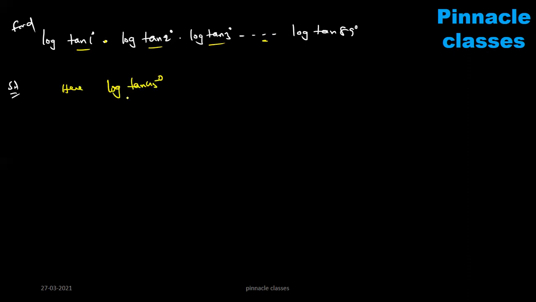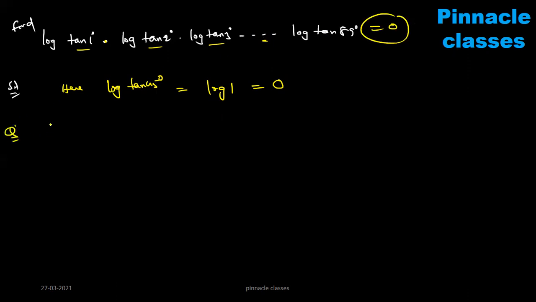Here, base is not given, which means you should understand base is 10. Tan 45 value is how much? 1. Log 1 is how much? 0. So 0 multiplied by anything is always 0. That is the answer.